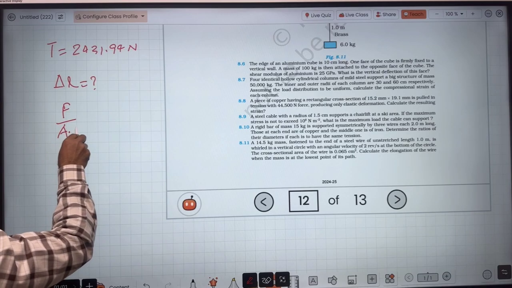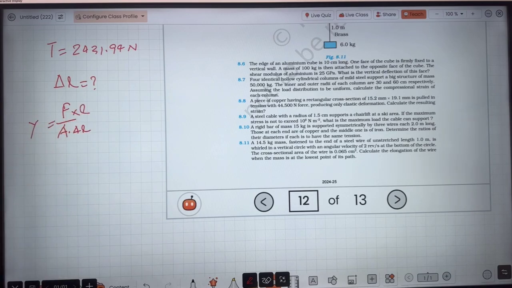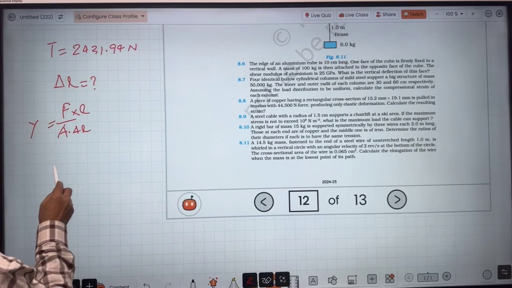F upon A equals Y times delta L upon L, where Y is the Young modulus, and this is steel.